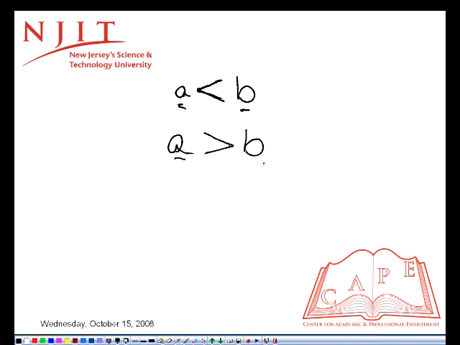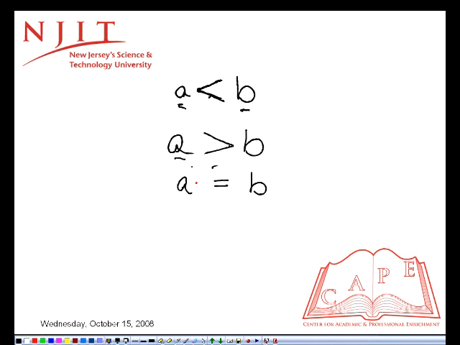You have that A is less than B, you have that A is greater than B, or you can still have A is equal to B. However, the trichotomy property tells you that out of these three options, only one can be true for your given inequality. You can't have more than one be true for anything.